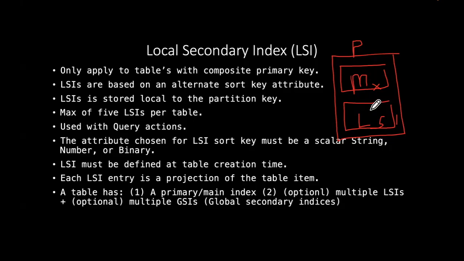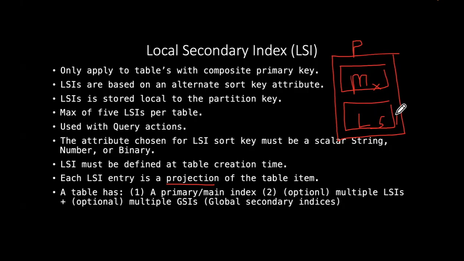But the second point, which relates to what I'm talking about here, is a projection. Coming from a relational database world, you might think that an LSI contains, let's say, a movie ID and then a reference to the corresponding item or record up here. But that's not the case. The LSI potentially has a full copy of the item or record.